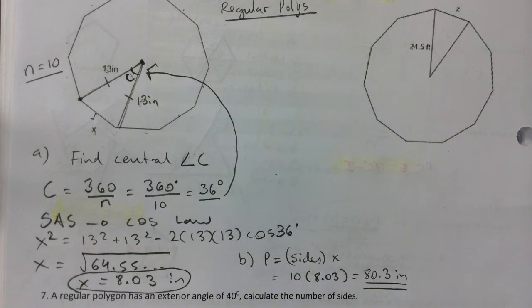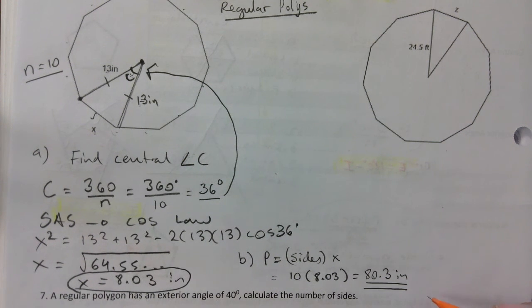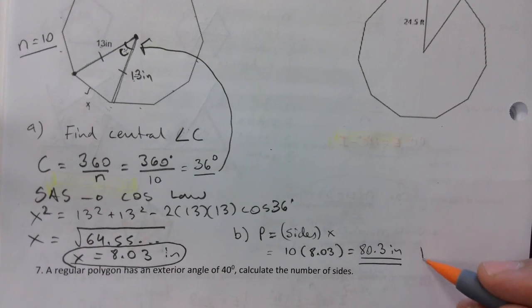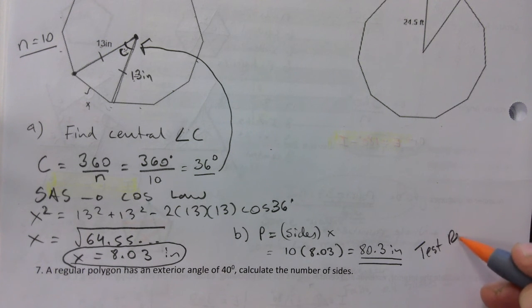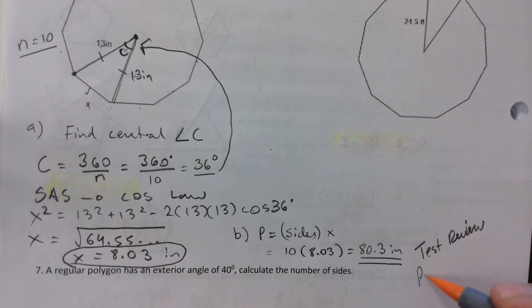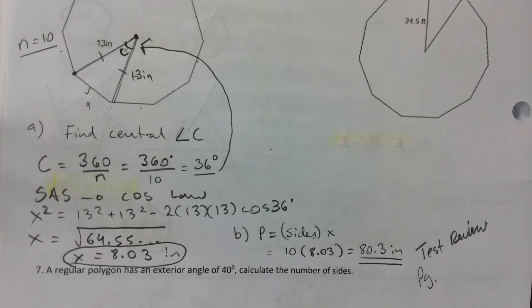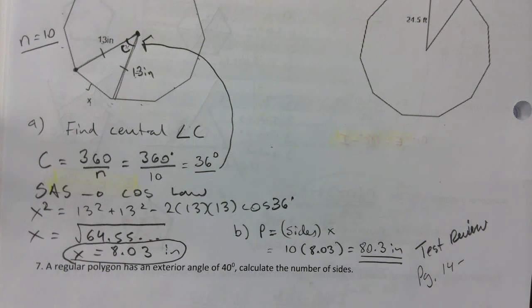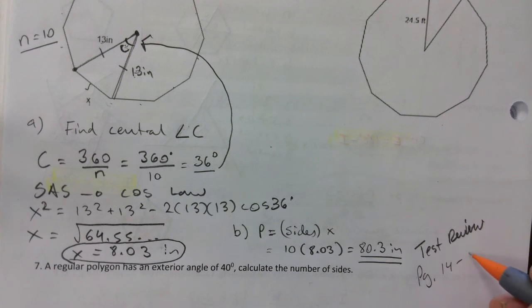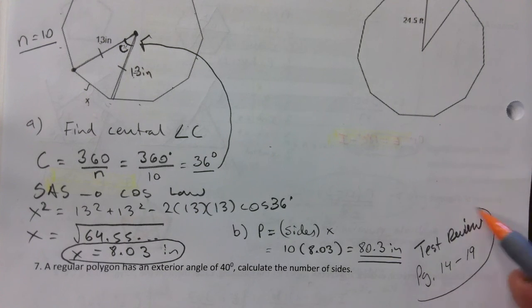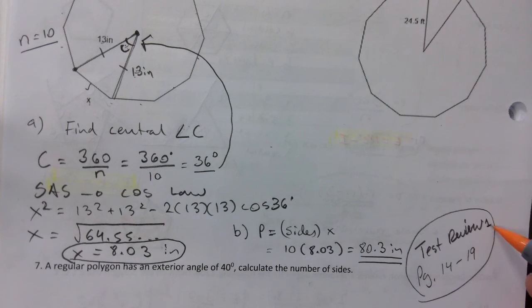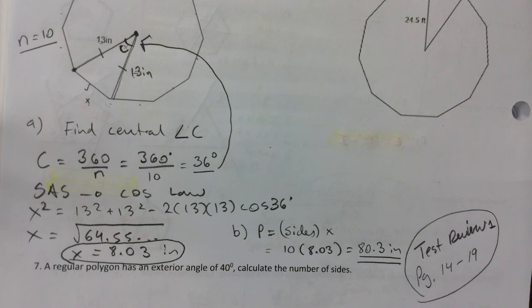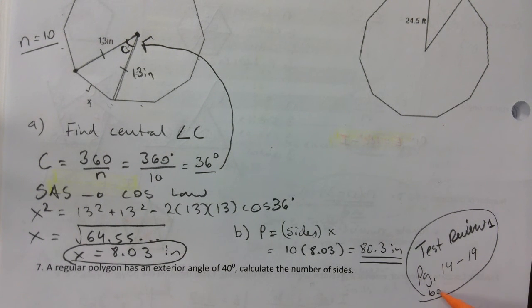Actually, looking at my time here, before you do that one, I want you to write down this test review. I want you to already start reviewing for the test. So that's in your worksheet booklets, page 14 to 19. I would call this test review 1 because I'll give you more stuff to do. This is in the worksheet booklet, right?